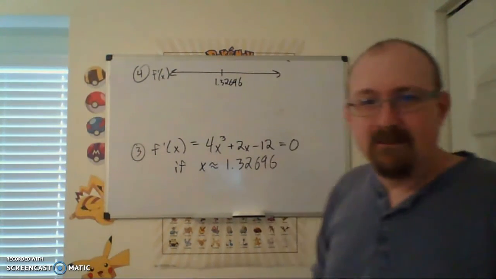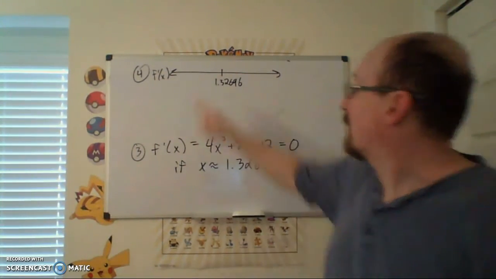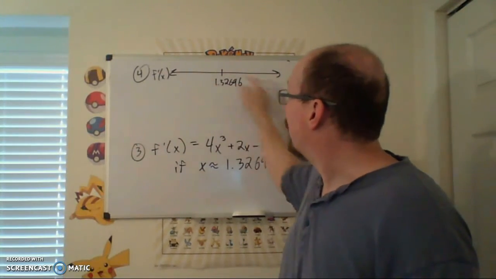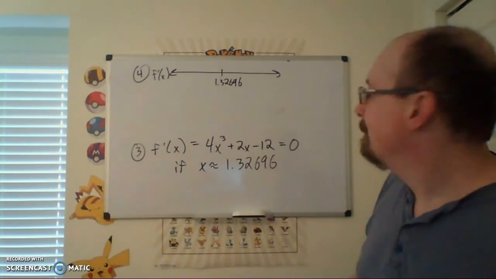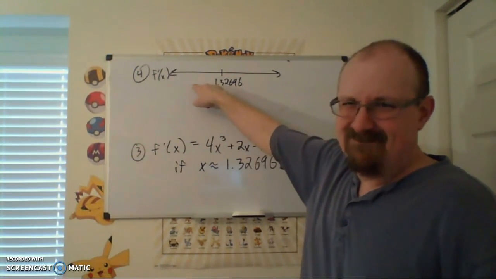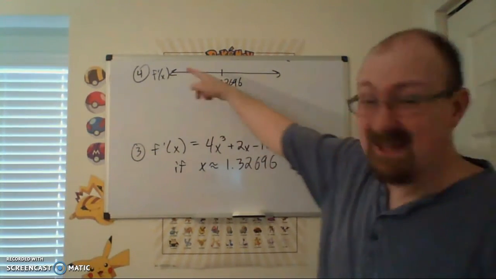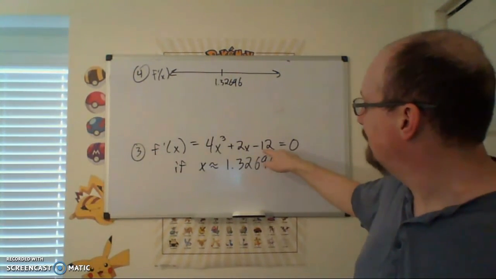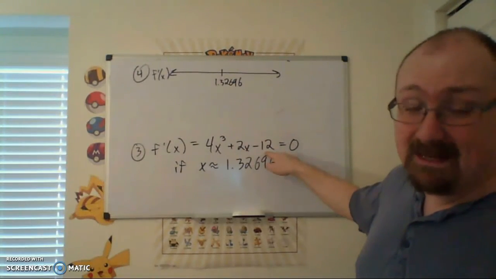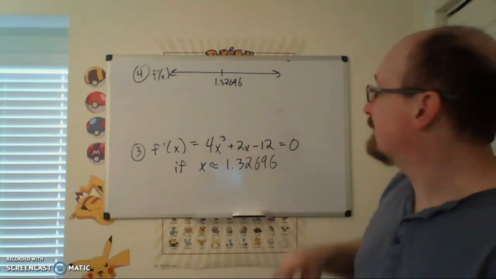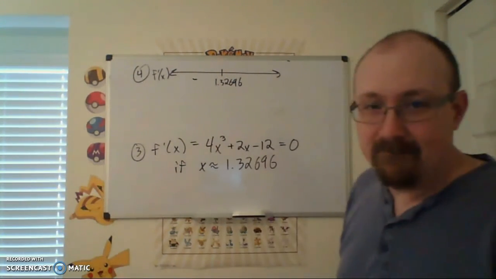So we got that guy as our one tick mark, and we need to check what our derivative signs are on each side of this thing. Good news. We can even pick something easier than 1 for once. We can plug 0 into this thing, because 0 is off to the left of our candidate point. That's going to give me negative 12 when I feed in 0 for x, so definitely negative.